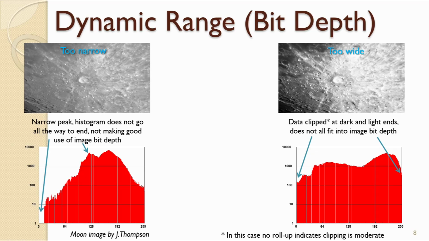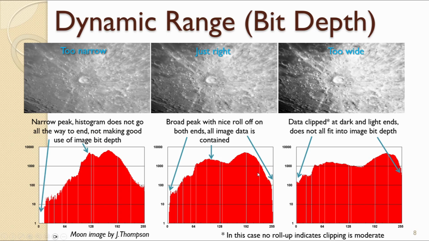Now, if I try to do a proper job of adjusting the dynamic range of the image, we get this. The histogram now has nicely rounded peaks, and the data rolls down nicely towards 0 on either end. But even this image isn't quite perfect. There's still a small gap here in the data, but it's much better than the first image.